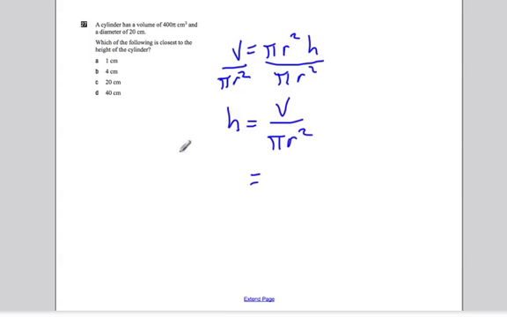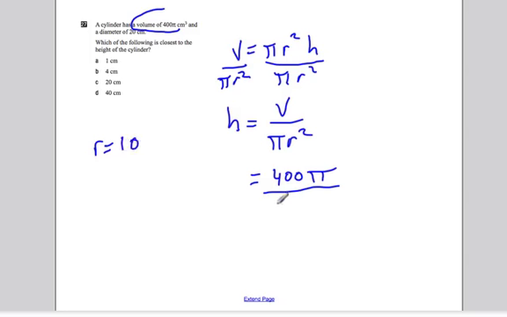which is equal to, we're told the volume is 400 pi. And the diameter is 10. So if the diameter is 10, the radius is 5.